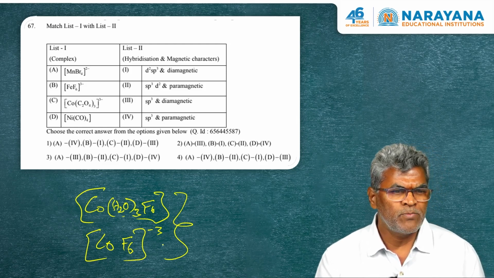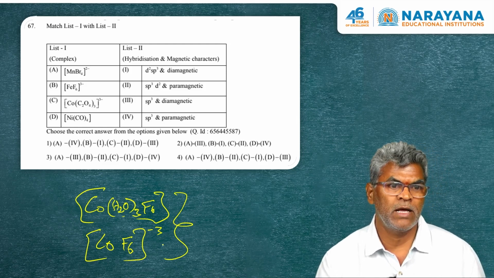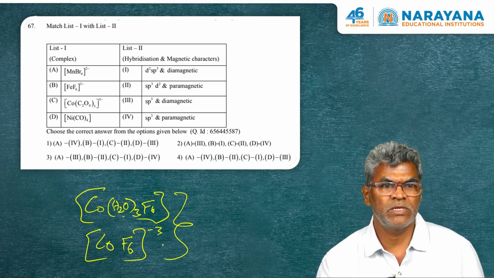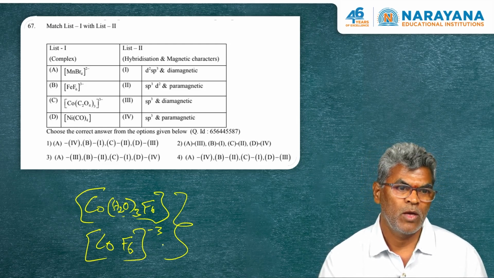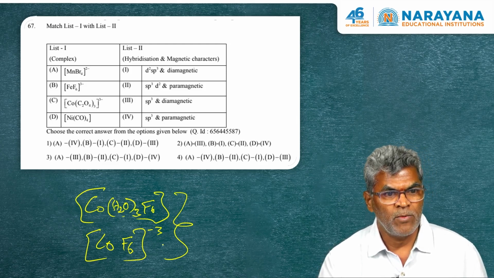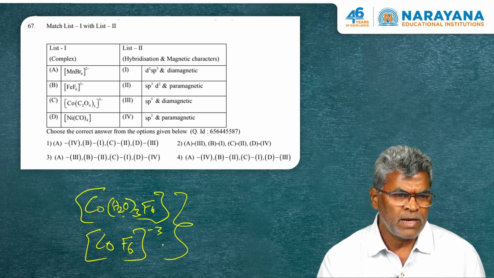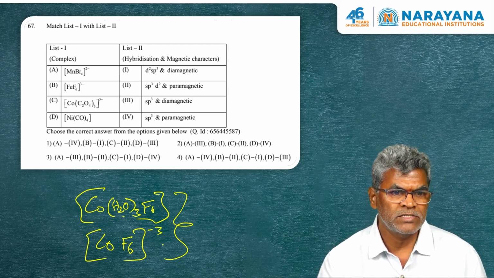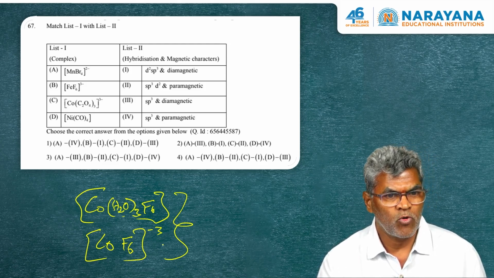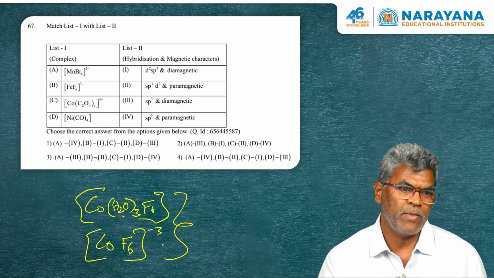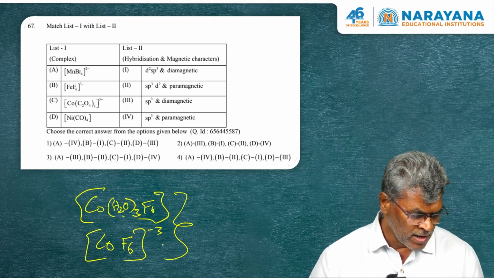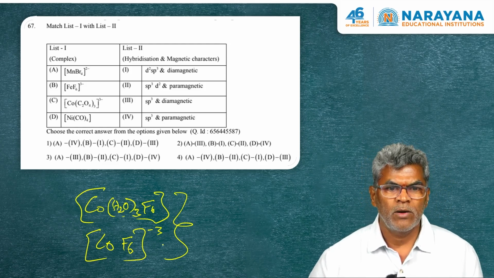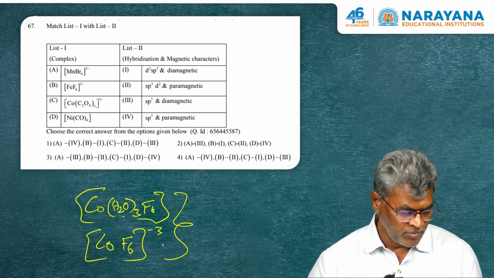And cobalt in plus 3 oxidation state has 6 electrons, all electrons get paired up, that is why diamagnetic. d2sp3 is the hybridization and diamagnetic. And nickel tetracarbonyl, nickel is in 0 oxidation state. So, in tetracarbonyl all electrons get paired up, that is why it is a 4 coordination number, sp3 hybridization and diamagnetic. So, overall if you see that, fourth option will be the correct option, A4 and B2, C1 and D3.